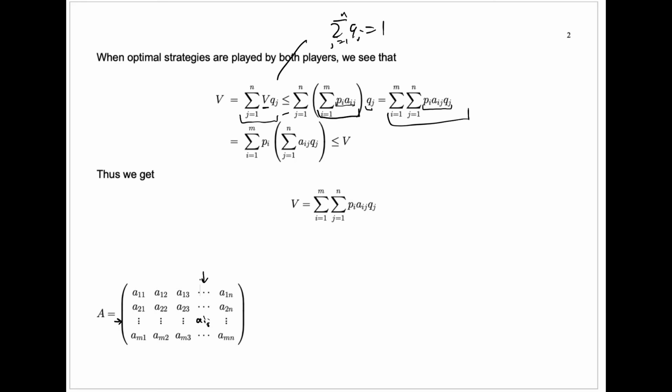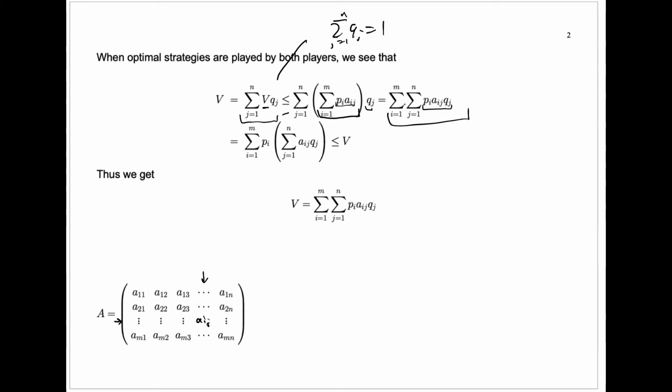So p sub i times q sub j is the probability that both of those things happen. In other words, it's the probability that when both players play these optimal strategies, we end up exactly here in the matrix and get a return a sub ij. So this return a sub ij happens with probability p sub i times q sub j.